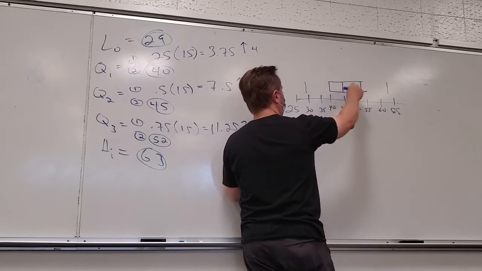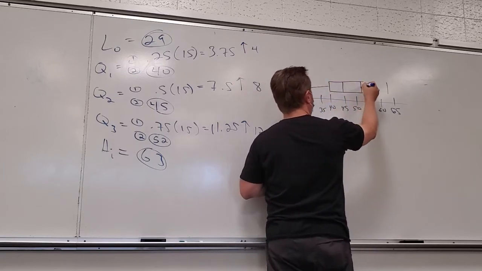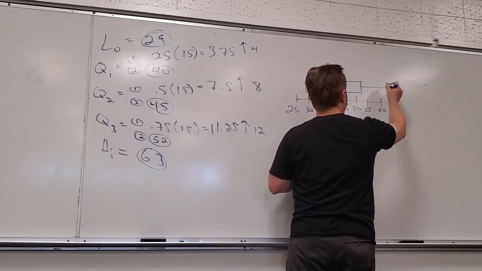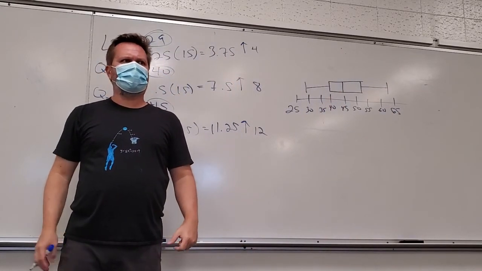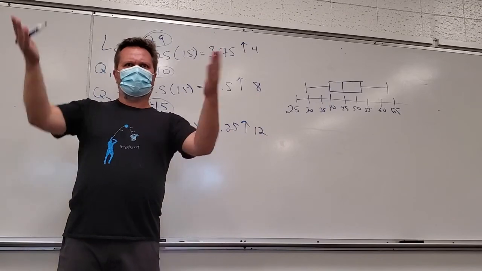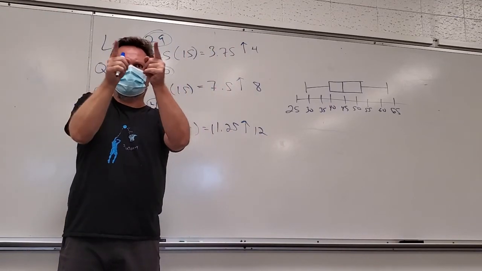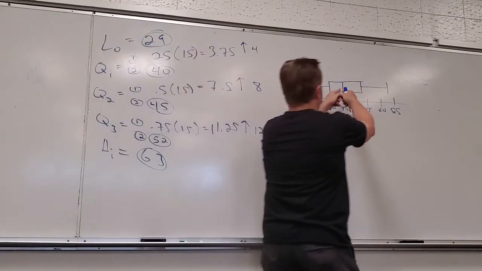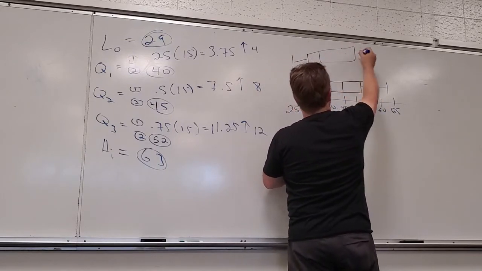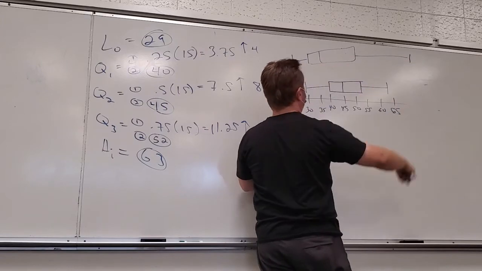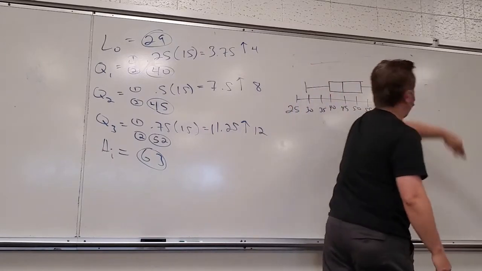The box is the middle three, with whiskers out to the low and the high. Look how nice and balanced that is. That's much better than something unbalanced.